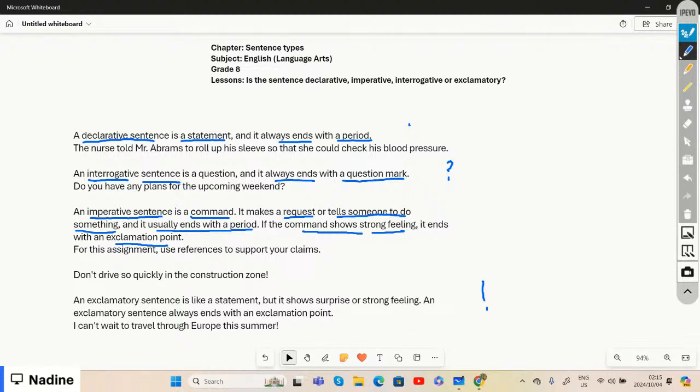Said with excitement. Because you're excited, you're happy, and that is basically what an exclamatory sentence shows. You're showing excitement, or you can show where you are shouting or screaming, like stop it! But in this case, I can't wait to travel through Europe this summer. All excited.